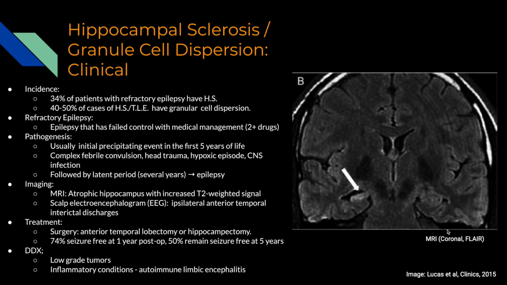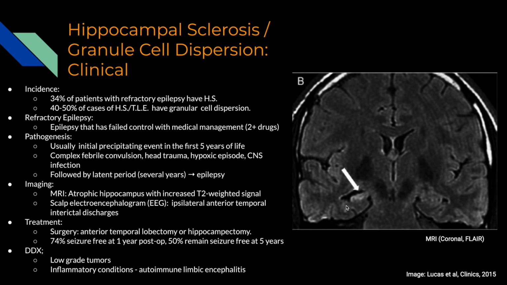medical treatment alone. So on imaging, what you see is this atrophic hippocampus. Comparing the hippocampi from right to left, you see that this one is extremely atrophic and has this increased density, hyperintensity on T2 weighted signal, which is one of the MRI sequences. This is very classic for hippocampal sclerosis, and can be diagnosed really on radiology.